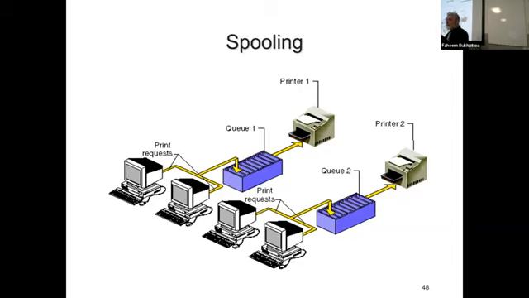It takes a device that is purely dedicated, which can be used by one user, and makes it appear to these guys like it's shareable. In fact, it's still not shareable. But it's a trick or a technique that makes it appear as if it is shareable. And that's called spooling.